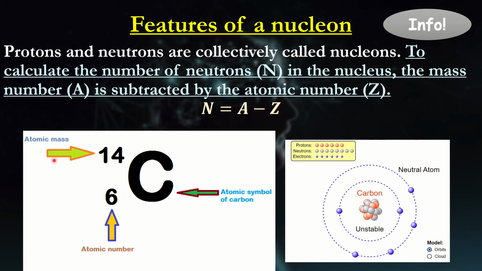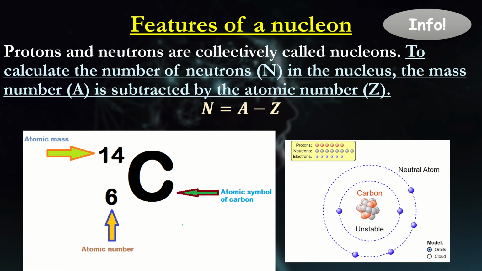When we're writing what we call the radioisotope equation, you need to write the symbol, the atomic number, and the mass number. Now this might be confusing for some people, so let me explain why.